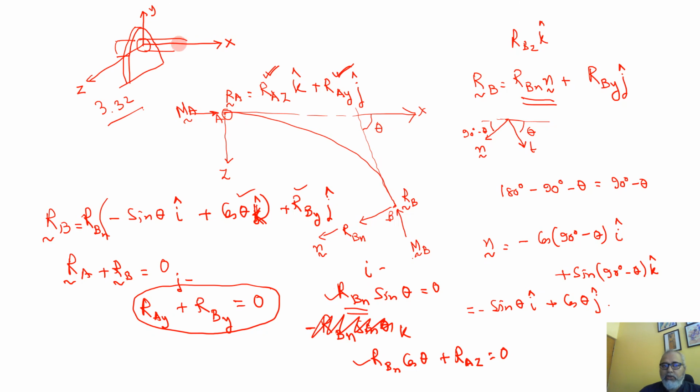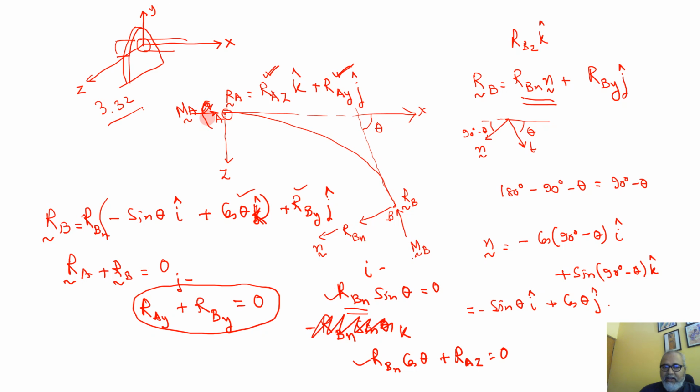It's also told to us that this is frictionless, so if the shaft wants to rotate inside this hole, there is no restriction. If there was a restriction, then at this end we would also have to apply an internal moment, to take care of the friction between the bearing and the shaft.